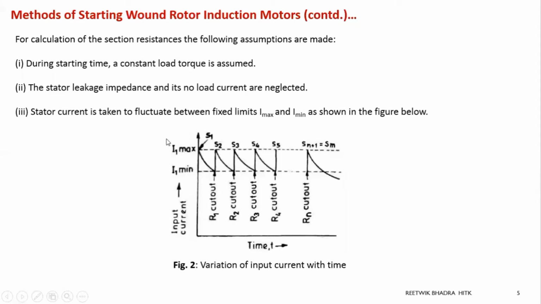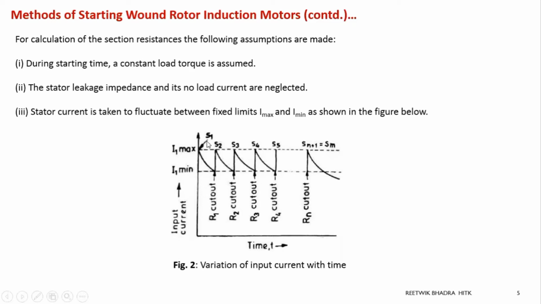So the current at the starting will be I1 max. So at this starting, this is I1 max, and I'm considering at this starting my slip is S1. And we will see later also, because it is the starting condition, S1 will be equal to 1, because at starting we know slip is equal to 1. But for now we are considering a slip S1.